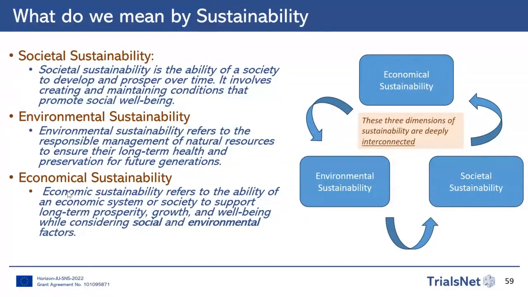On the environmental sustainability side, if we are not hurting the environment and we care about the natural resources of the environment, then we would have a prosperous society. So these categories of sustainability are quite linked to each other. Next slide, please.